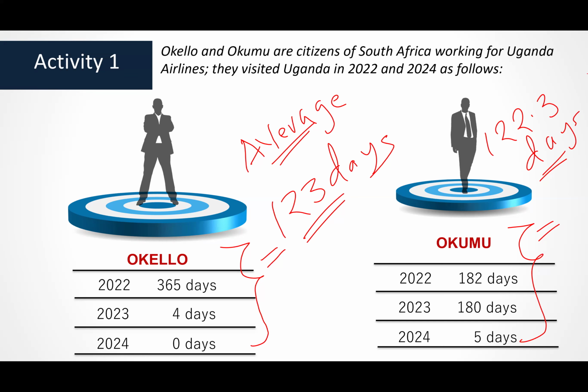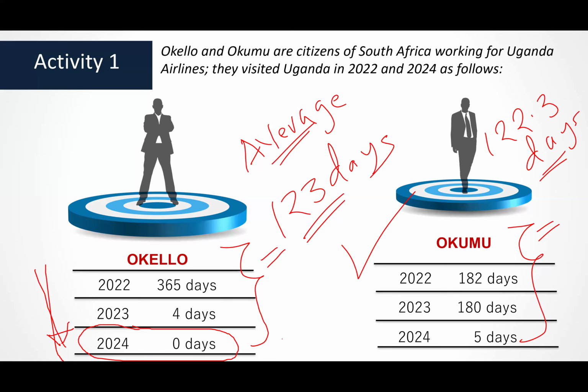Now, it is only Okumu who is resident. The reason is that Okelo has not stepped into Uganda. Maybe he doesn't have work. It is only Okumu that is resident, because Okelo was never present in the year 2024.